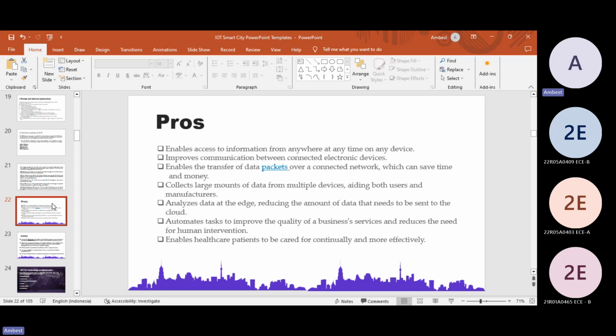So yeah, it improves the quality of business services and reduces the need of human intervention. So it enables patients to be cared for continuously and more efficiently.